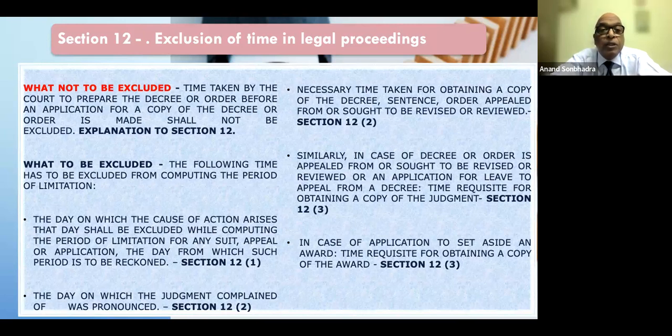If an application is made subsequent to the order upload, or the order being released, the period from the time of pronouncement till the application for a certified copy of the order is made cannot be excluded. And if 30 days has elapsed in between, then, in my opinion, the appeal cannot be accepted.